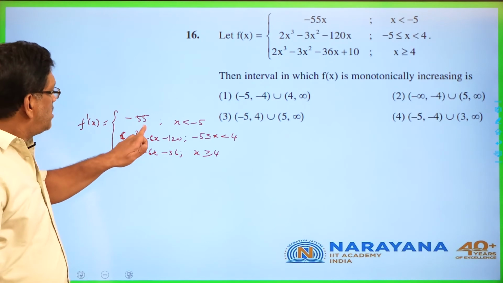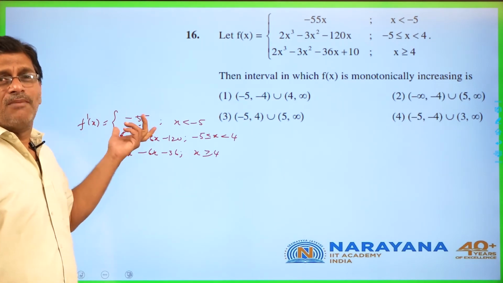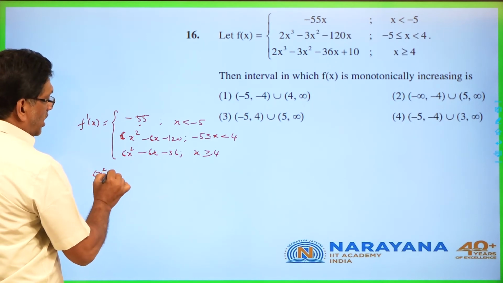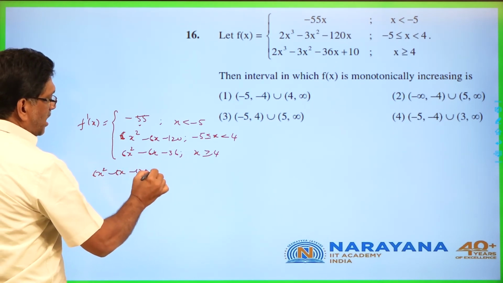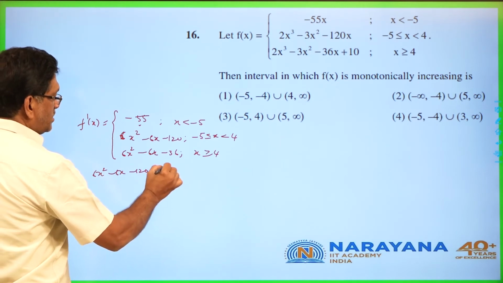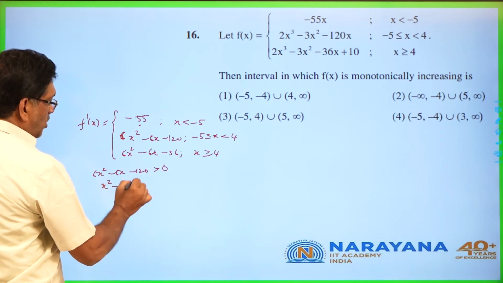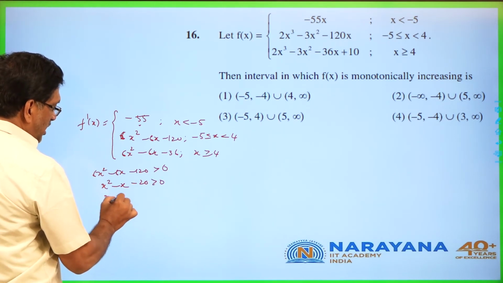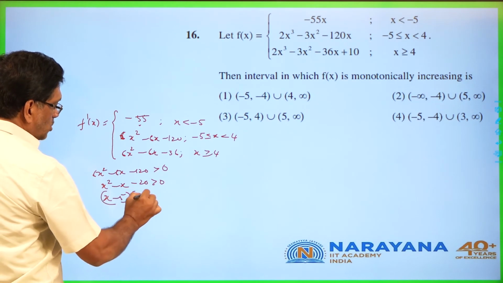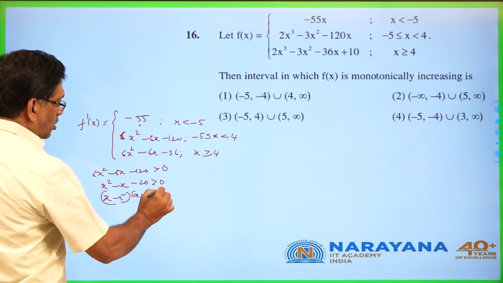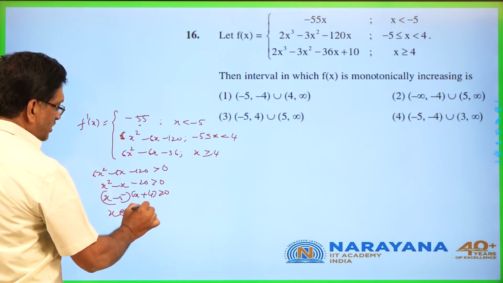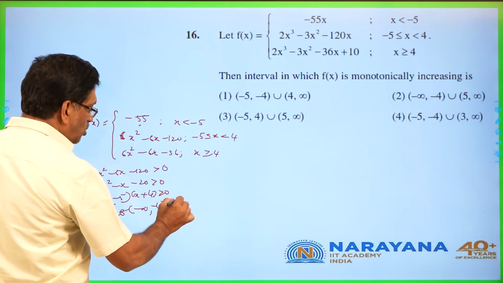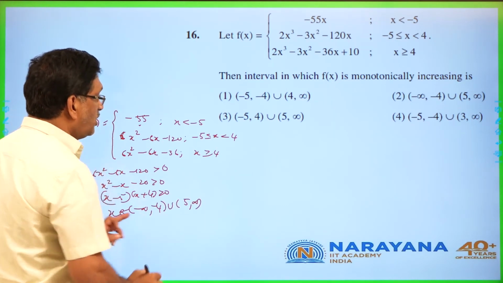Here it is a constant, completely negative, so we cannot consider that one. So 6x square minus 6x minus 120 greater than 0, that is x square minus x minus 20 greater than 0, that is (x minus 5)(x plus 4) greater than 0, that is x belongs to minus infinity to minus 4 union 5 to infinity.